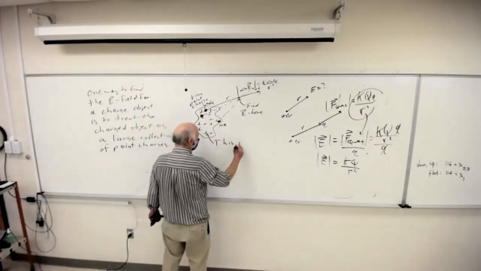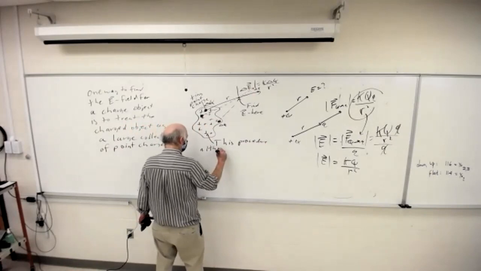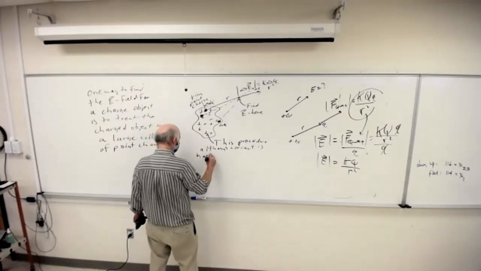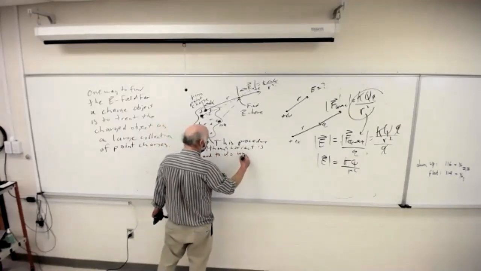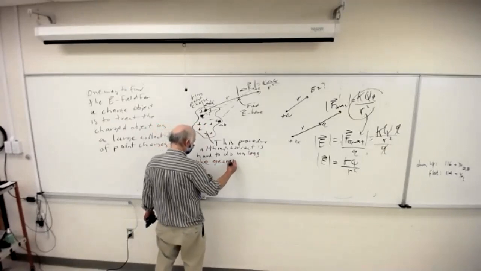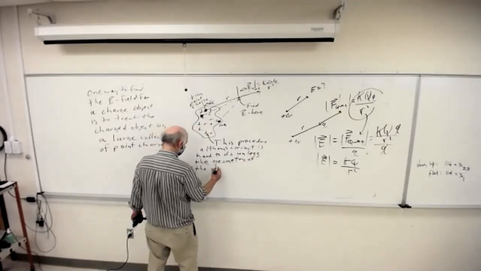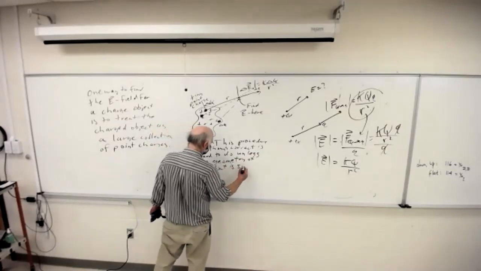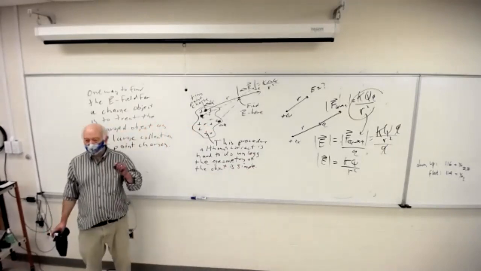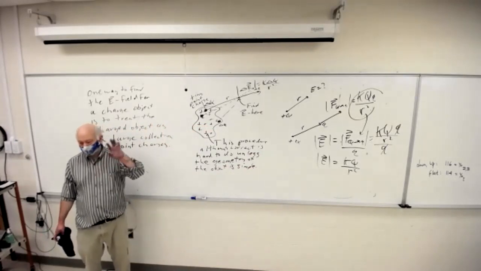So this procedure, although correct, is hard to do unless the geometry of the object is simple. And I want to show you one of the few cases you can actually do this without calculus. We're going to do calculus without doing calculus because it turns out it works out nice.